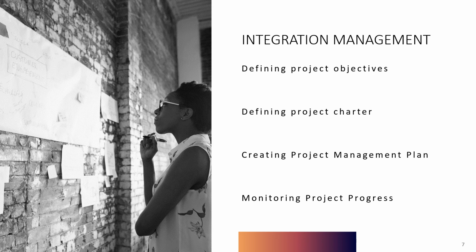This includes defining project objectives, developing a project charter, creating a project management plan, and monitoring project progress. Integration management ensures that all project elements work together seamlessly to achieve the project's overall objectives. Successful project integration management is essential to ensuring that all project components work together cohesively.